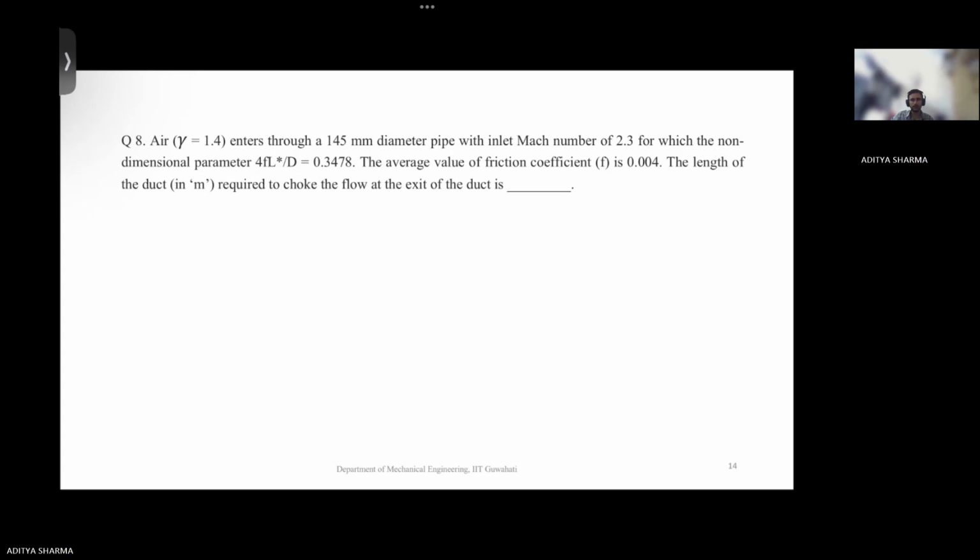Question number 8, on frictional effects. It says that air with gamma equals 1.4 enters through a 145 diameter pipe with inlet Mach number of 2.3, for which the non-dimensional parameter is equal to 0.3478.